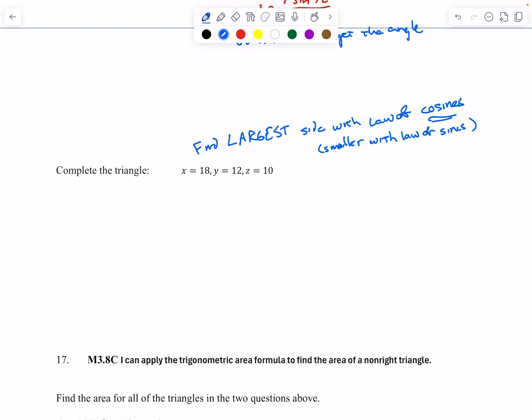Okay, so we'll find the largest angle. I'm going to be putting angle for x.